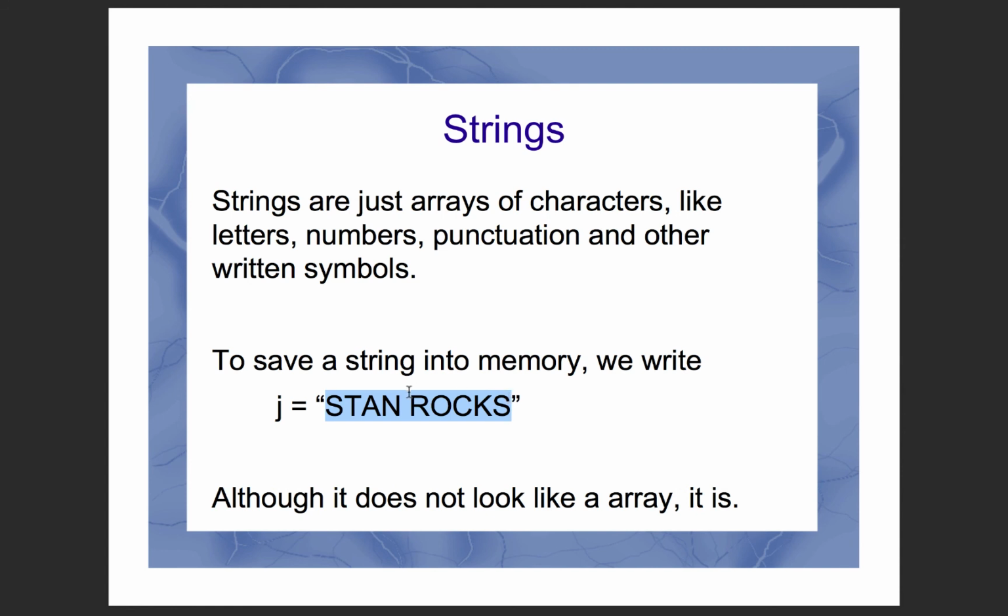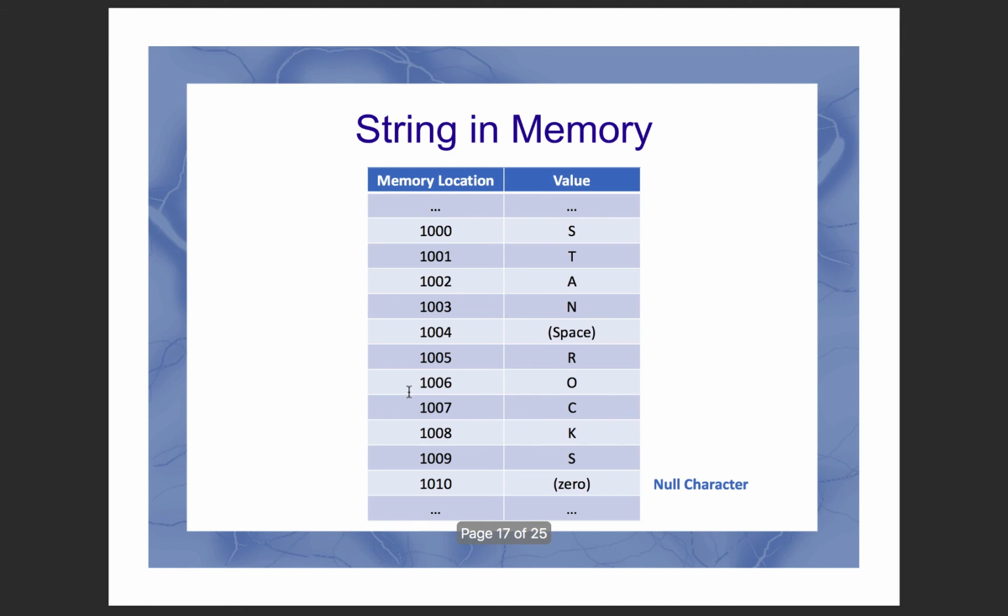If you go to the internal concept of the array, similarly to the array information, string information is also kept in memory in the same way. Each char type data is kept in a different location. This one is the space, and the last one is a zero, a null character. As I said, the difference between a normal array and a string is that in a string the last character is a null character.